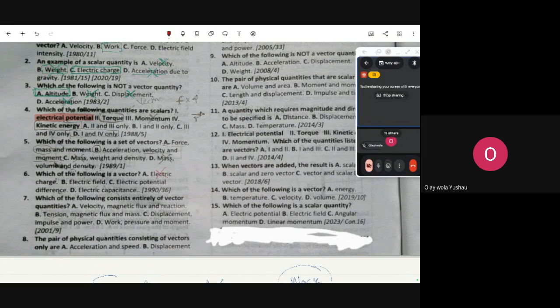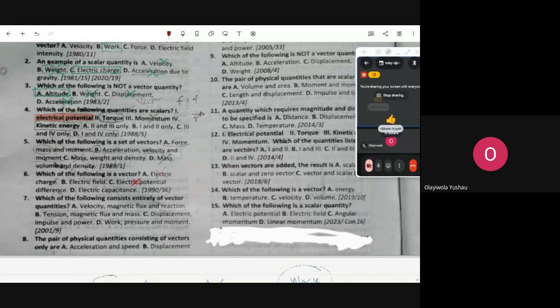So this question might be a bit daunting if we are not careful. It will require some knowledge before we can even pick the correct answer. Now, I gave you electric potential. Electric potential difference is still the same thing, so let's rule this out. Do you understand?